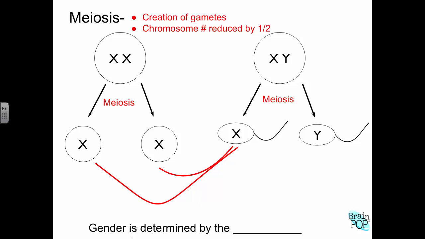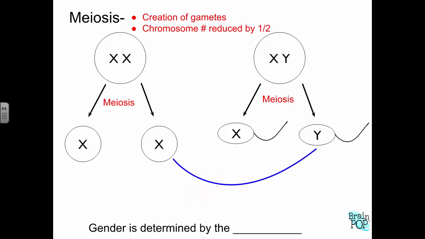If this Y sperm fertilizes that X egg, it's going to be what? A guy. Male. What about if this sperm fertilizes this egg? It'll be a male. So sex is determined by what? Who determines the sex?